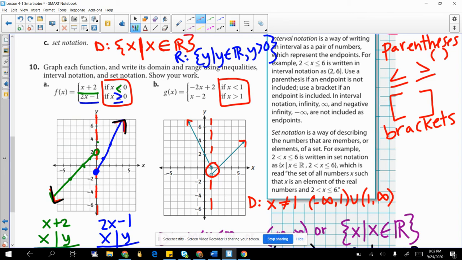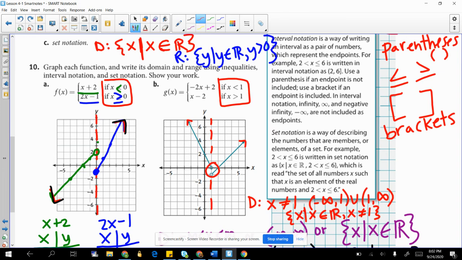Okay. And then your last one, the set notation, would look like x such that x is an element of all real numbers. But then you would say comma, and remember you just use your inequality form. So we would say x does not equal 1. Okay. So that right there is your domain.